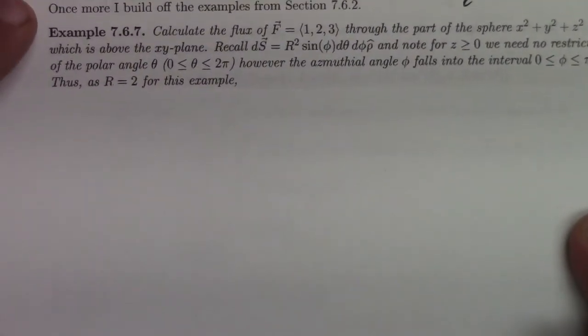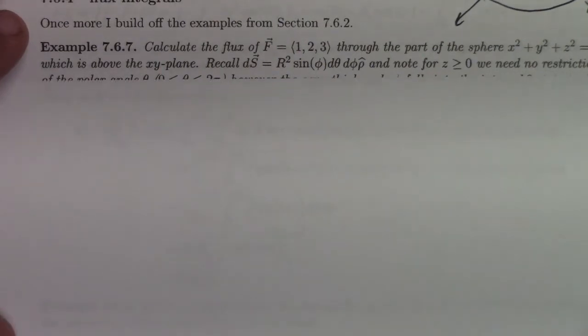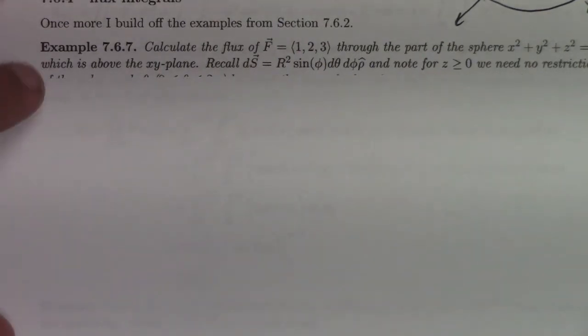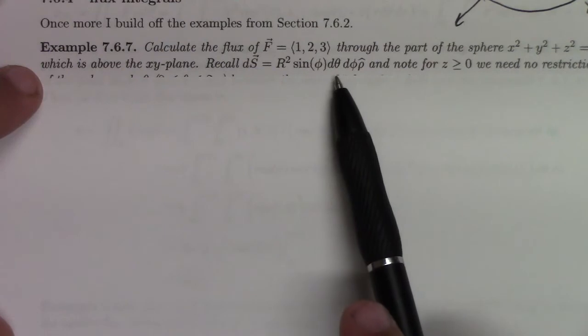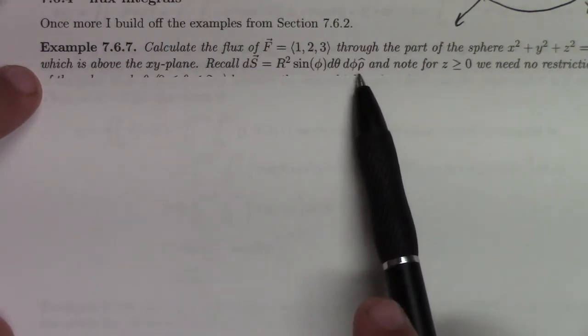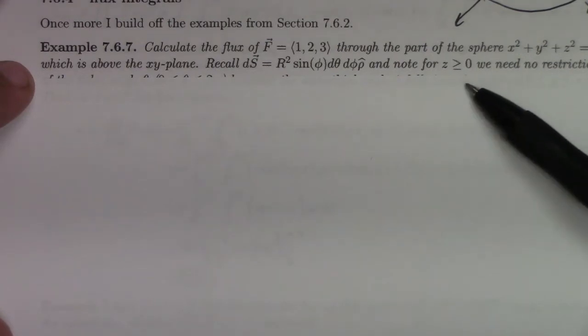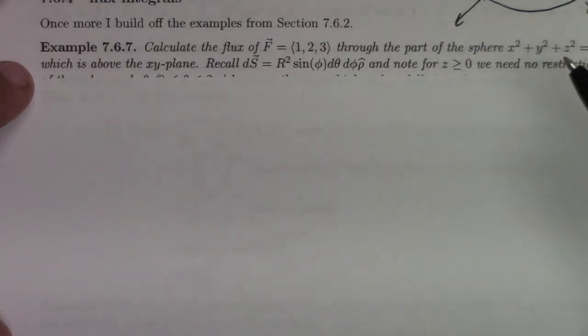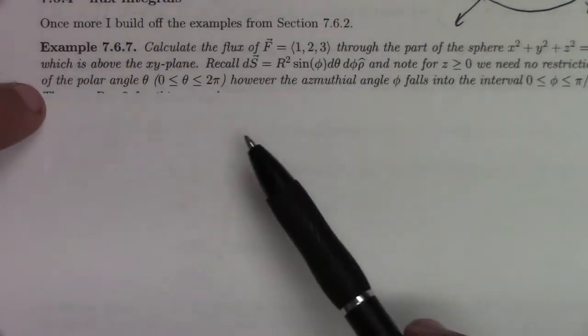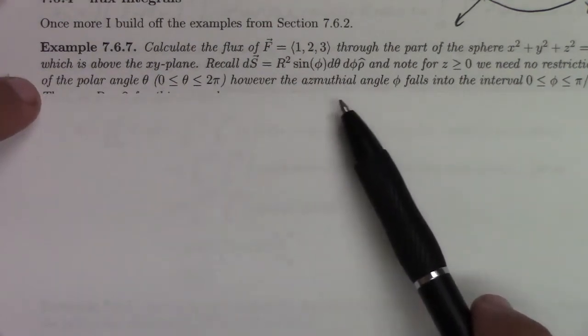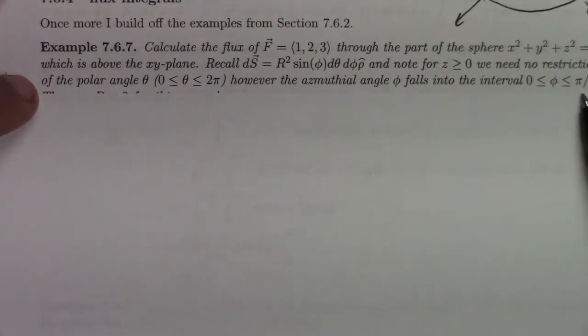Great, the dS vector is r squared sine phi d theta d phi, in the rho hat direction, as we calculated. And we've got z greater than 0, so there's no restriction on the polar angle. It goes all the way around. The azimuthal angle is 0 to pi over 2.